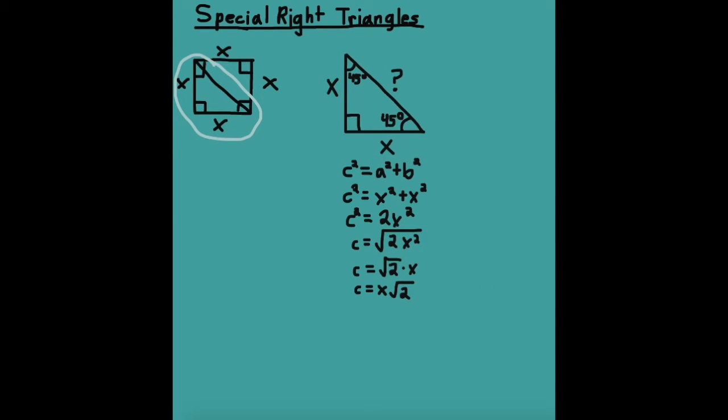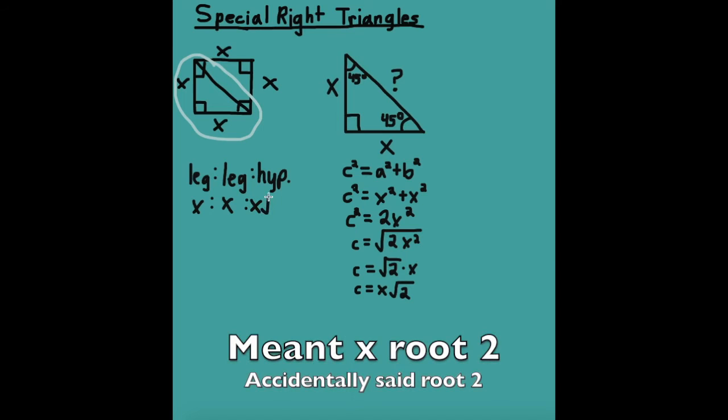Now, let's notice the ratios. Let's take note of the leg to hypotenuse ratio in this particular triangle. The leg is x, the other leg is x, and the hypotenuse that we just found is root 2 times x. So we can write this ratio as x to x root 2. This is the ratio of this particular triangle.